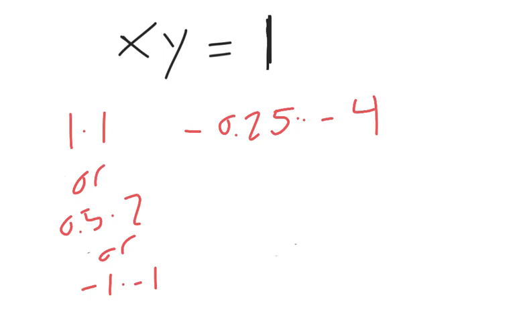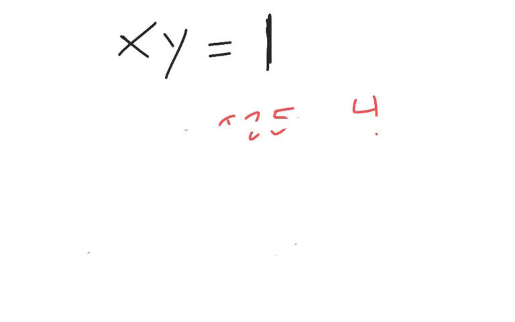All right? Now, think about this. What if I told you I multiplied X and Y together and I got this very grand result? Say that the thing that I got was 0. What if I multiplied X and Y together to get 0?